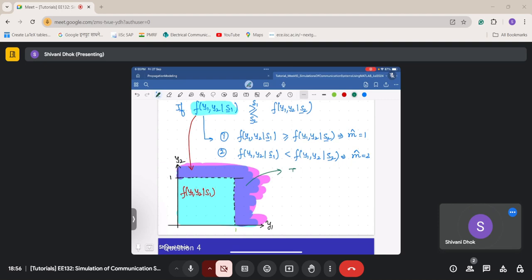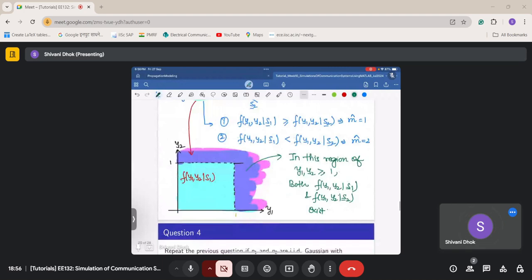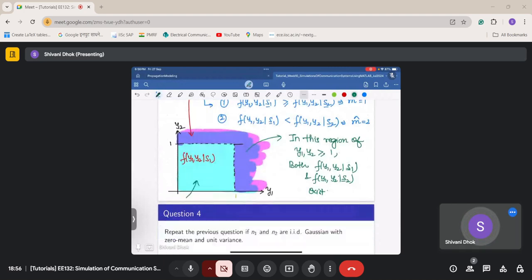In this region, when both y1 and y2 are greater than or equal to 1, both f of y1 y2 given s1 and f of y1 y2 given s2 exist. So when we are in the region where f of y1 y2 given s2 is 0, decide in favor of m hat equal to 1.